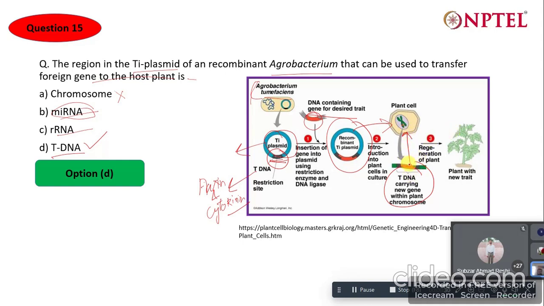Following this, the tDNA is inserted into the genome of the plant cell. That leads to the insertion of the foreign gene into the plant, and the plant is then regenerated from this plant cell. So the tDNA is used as a vector to transfer the foreign gene, that is the gene of interest, into the plant, and from that we can generate various transgenic plants. So this is the basic mechanism, and the answer is tDNA.